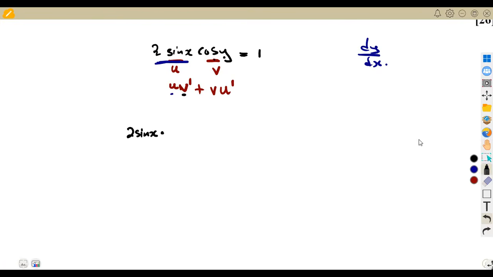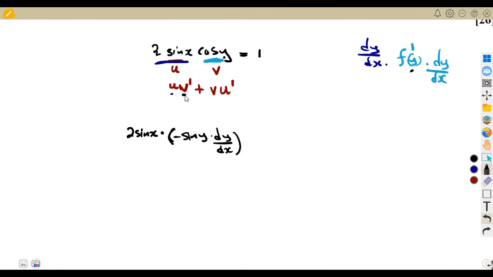Remember, whenever there's a function of y, don't forget the concept: first derivative of y times dy dx. So the derivative of cos y gives us a negative sine y in this case. But whatever I get here, I multiply by dy dx. Whenever you are dealing with a function of y, find its derivative and multiply by dy dx.